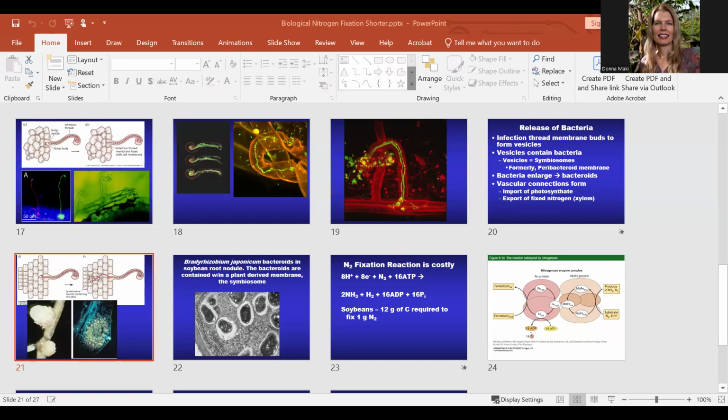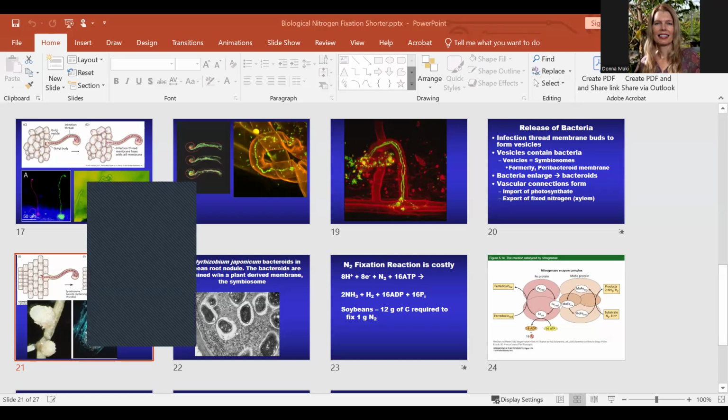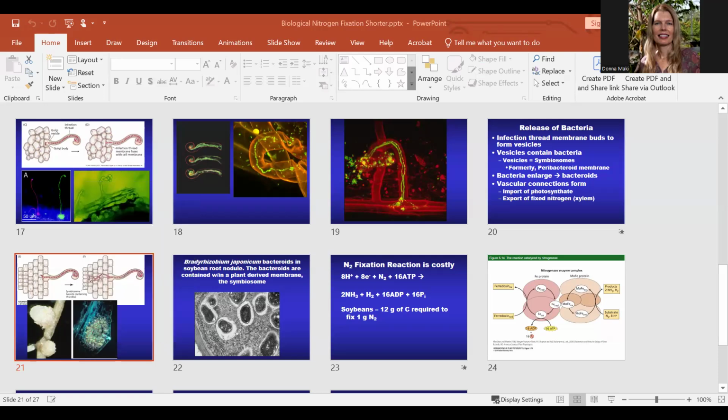Knowing that Rubisco is the weak link here, keep in mind Rubisco is the enzyme and it's sloppy. It can take in CO2 or oxygen.